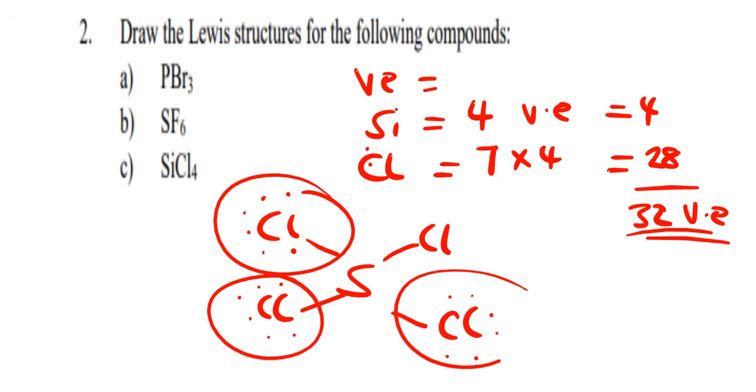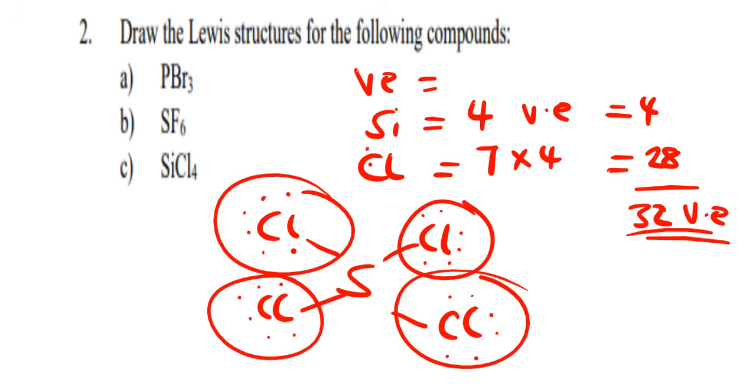We've used another 8. If we use another 8, we're going to have 8 like that. So all of them are going to be used up, because if you multiply 8 by 4, it's going to give you 32.